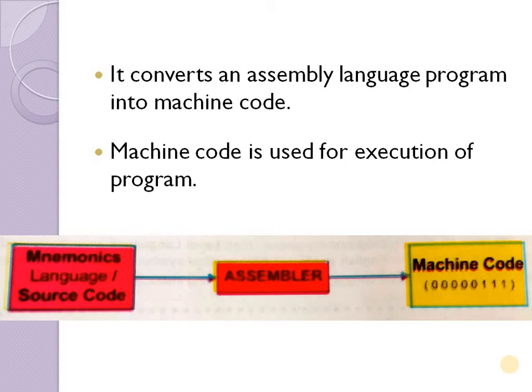Because ultimately that instruction is for the computer, so that must be executed, and for the execution, that must be converted into the machine language, that language which our computer speaks and understands. So here is one picture from your book: the mnemonics languages are the source code, and then it goes to the assembler, and assembler then converts it into the machine code, and then the machine executes that code.